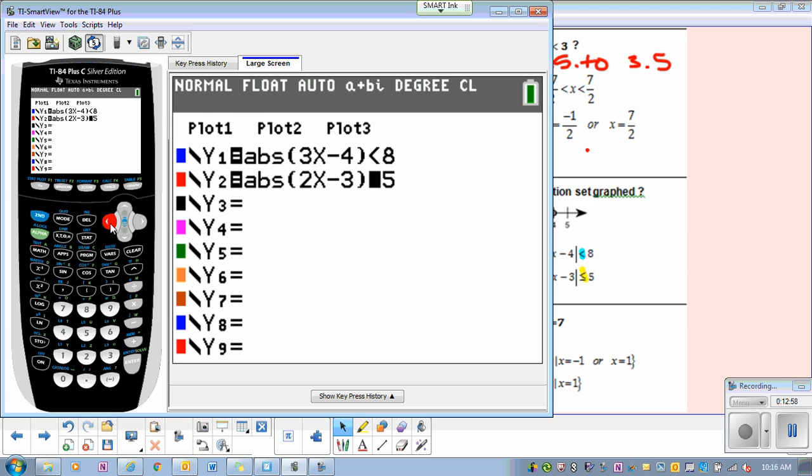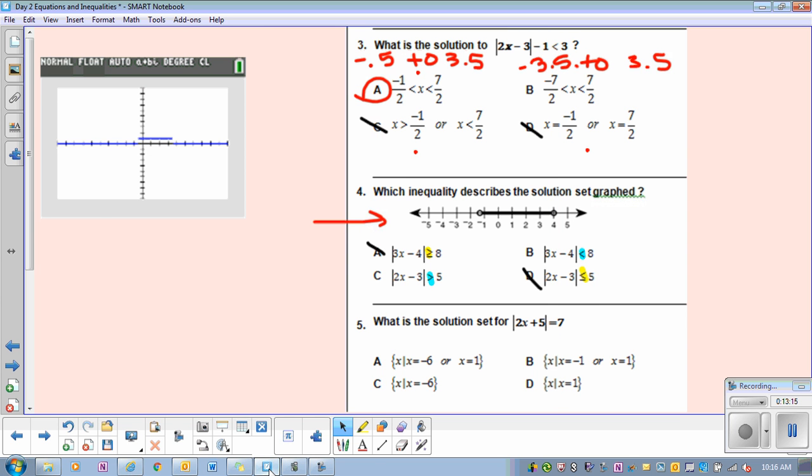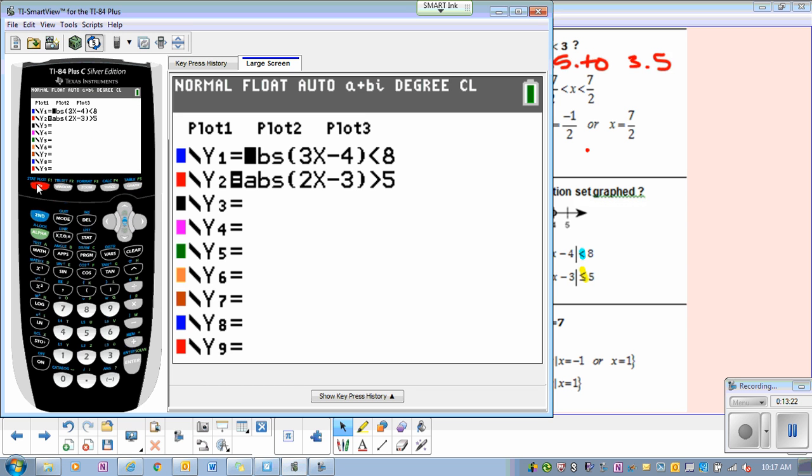All right, so I put in both. If you put in C, your graph looks like this. Is that what your graph looks like? No, because your graph here for C is an or, right? So what if I put in B?